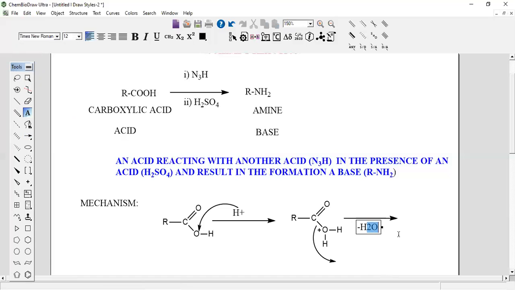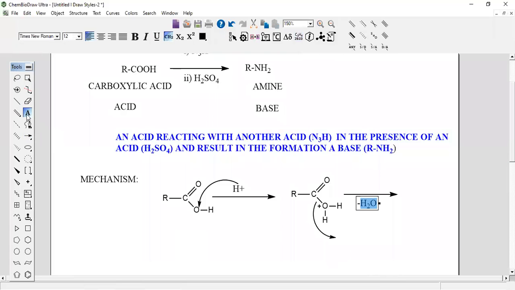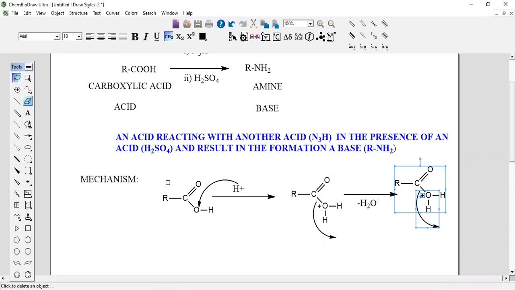After losing the water molecule, what compound can you obtain here? It will be changed to this form. The water molecule will be lost, so this positive charge is going to be on this carbon atom.